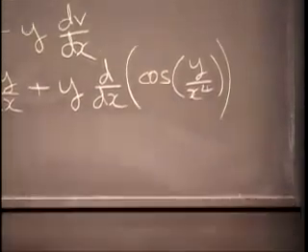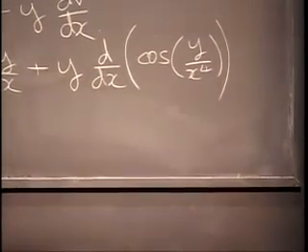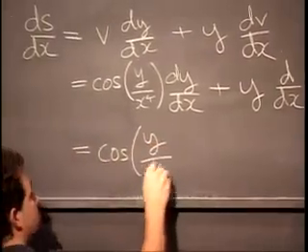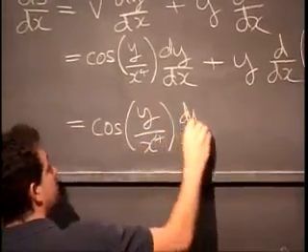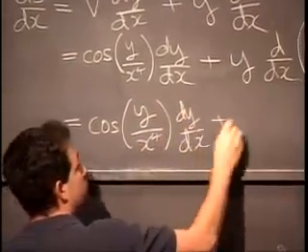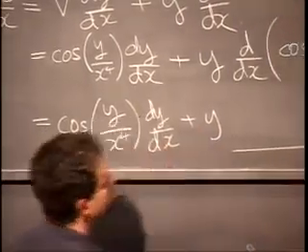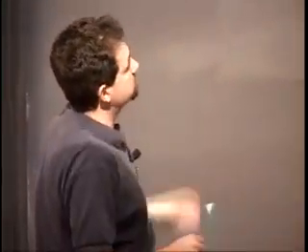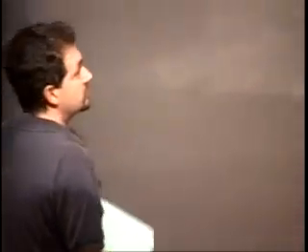So somehow, I've got to backtrack my steps. I'm going to write cosine(y over x to the fourth) dy/dx plus y times blank, and I'm going to fill in that blank in a short while. And that will allow me to come back and fill in the first one.